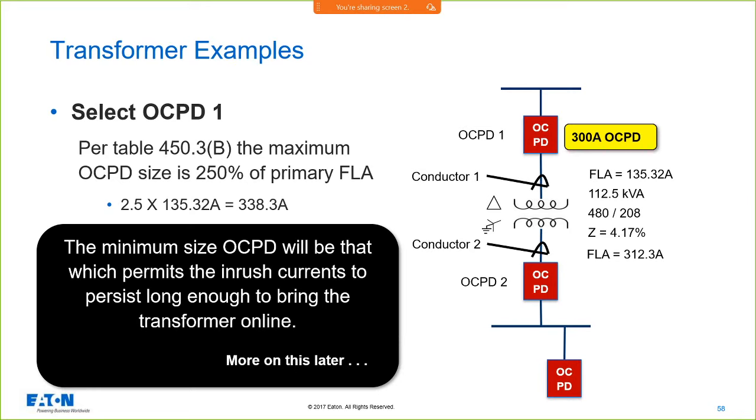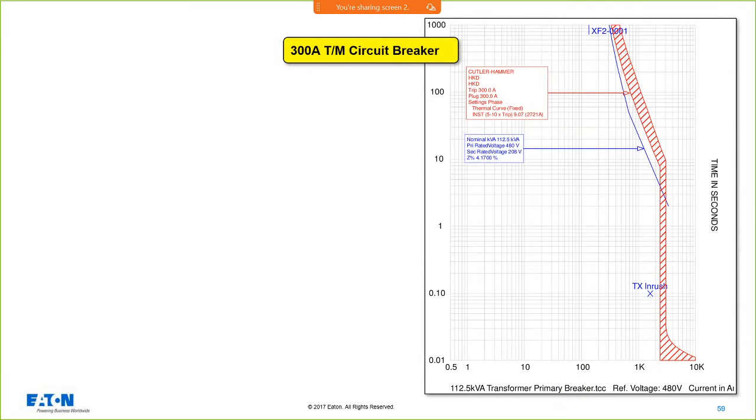The minimum size for that is going to be based upon the inrush current of that transformer. I'm going to show you a 300 amp thermal magnetic circuit breaker plotted against the damage curve. And this would be permitted by code. But you'll notice, you'll say, well, wow, I'm to the right of that damage curve. And normally that would be ungood.